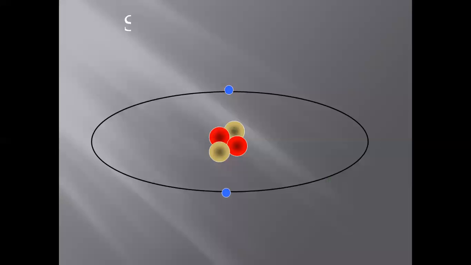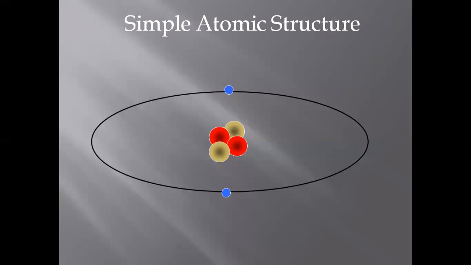We discuss the simple atomic structure, and we know that at the center of the atom two particles stay, that is protons and neutrons.